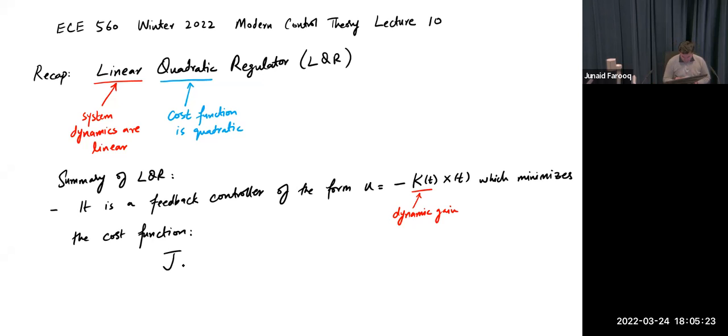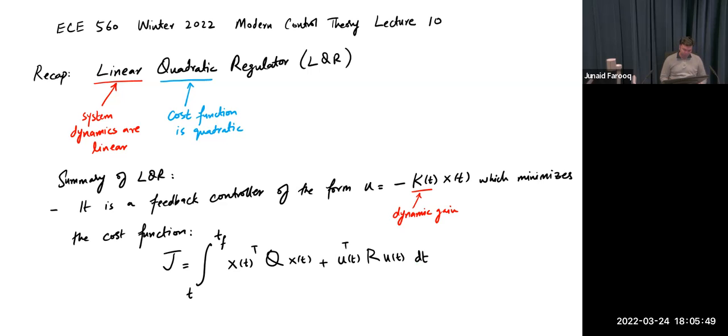J, and J is an integral from t to tf of x of t transpose Q x of t plus u of t transpose times R times u of t, and then dt.